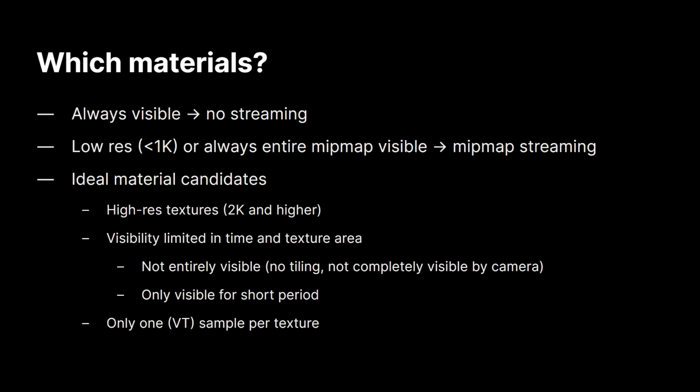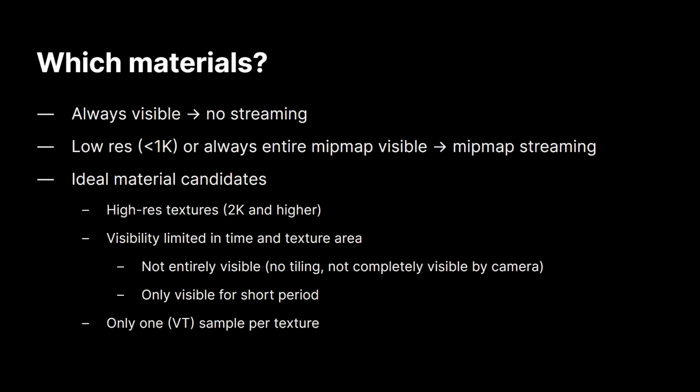So which materials does it make sense on? Well, if a material is always visible, then don't use streaming VT. If the textures are low res or an entire bitmap is always visible, then use bitmap streaming. The ideal candidates are high resolution textures that are not always visible and not completely visible. For example, a 3D character facing the camera, you can't see the backside of it, so that can make sense.